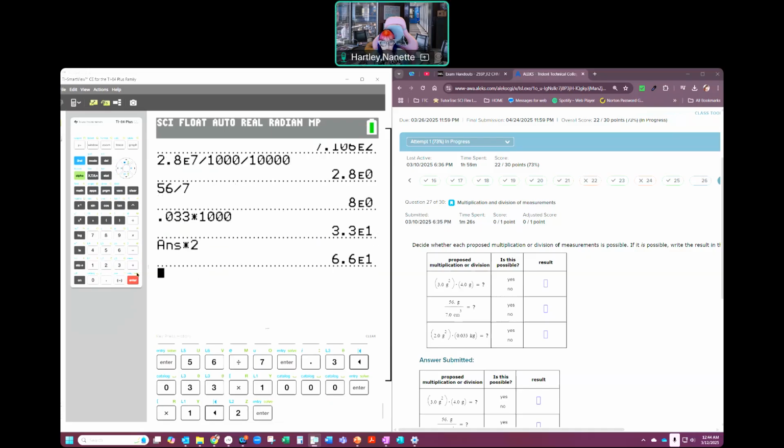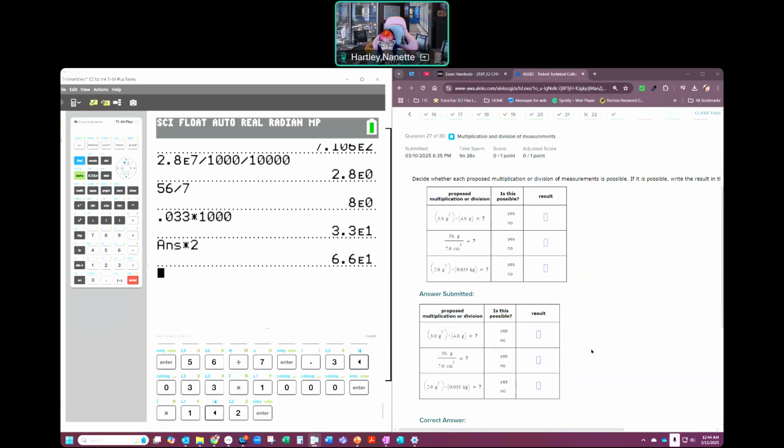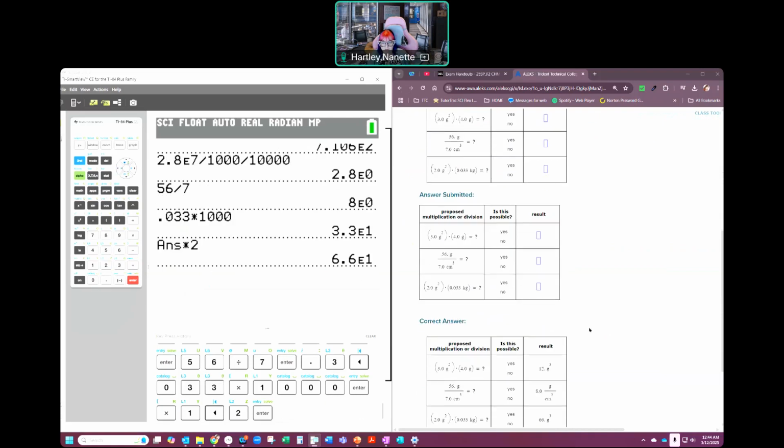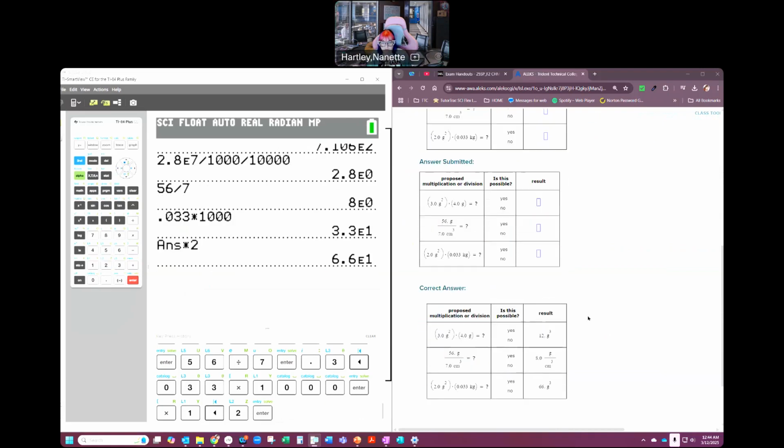And it gives me 6.6 times 10 to the first, and that is in grams cubed. So that was possible as well. And 66. So 8 and 12. Yep.